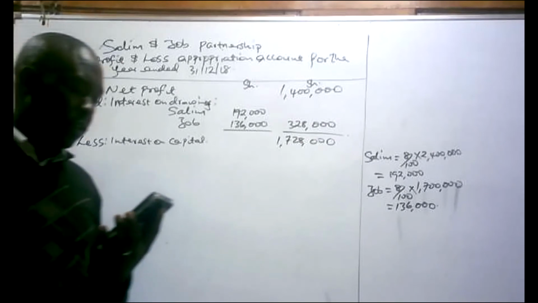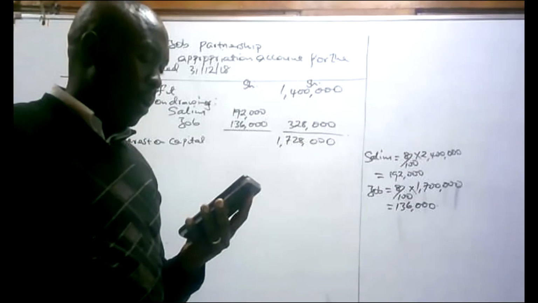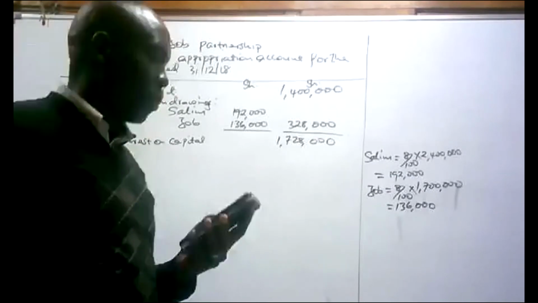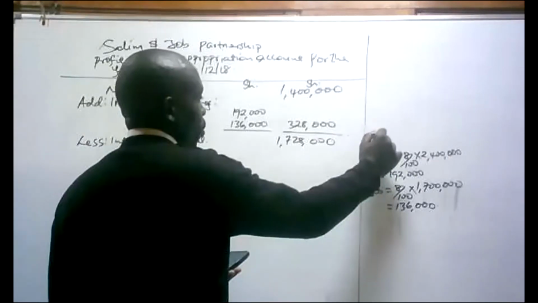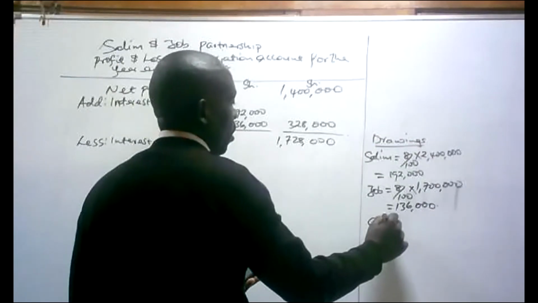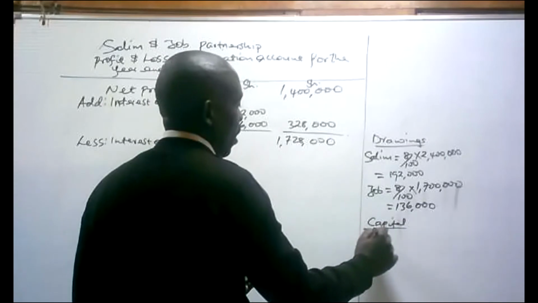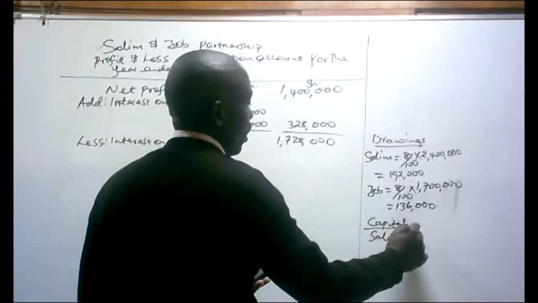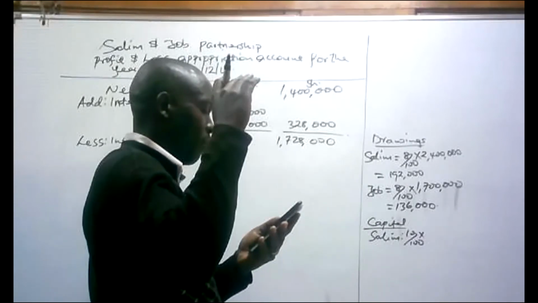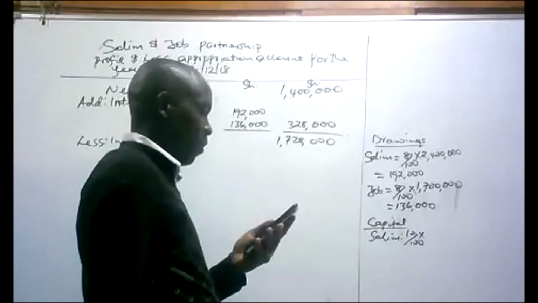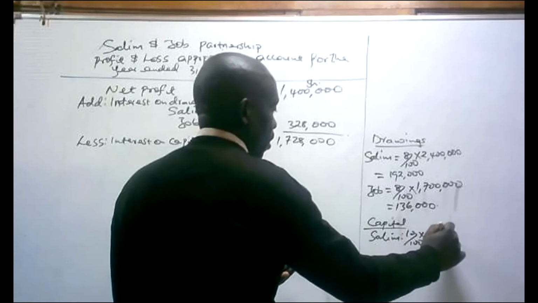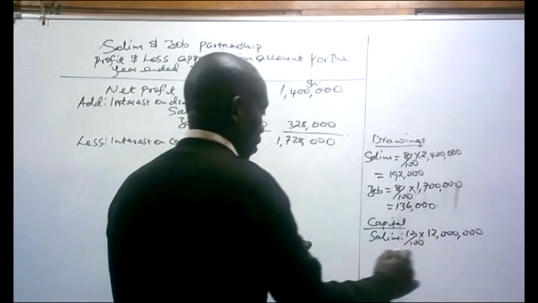We are told in Roman 4 that the partners agreed to charge interest on drawings at 8% and to pay interest on capital at 10%. Salim will get 10% of the capital he contributed. The balances brought down: capital account Salim 12 million, so 1,200,000.